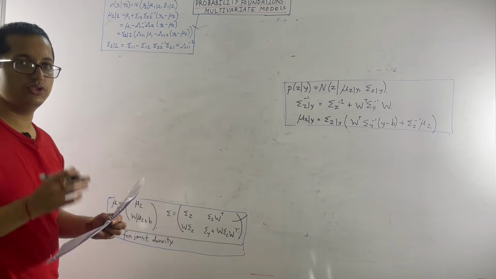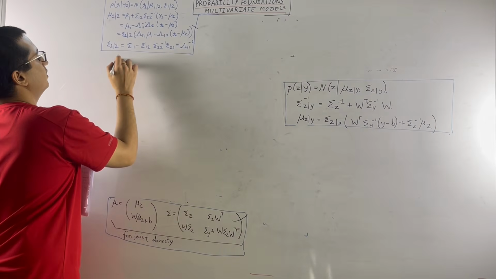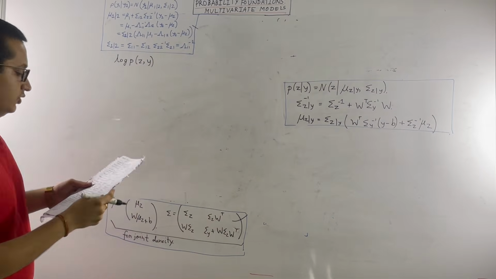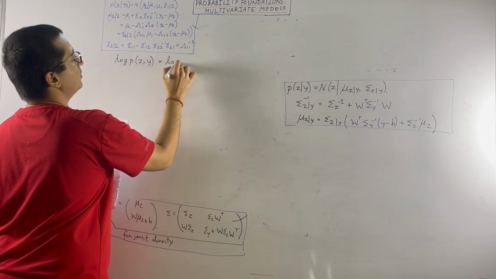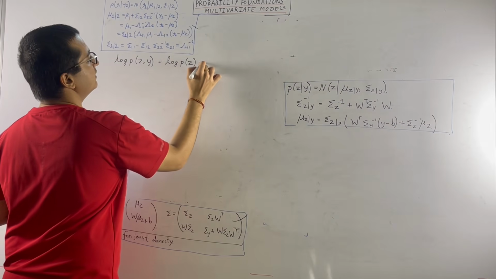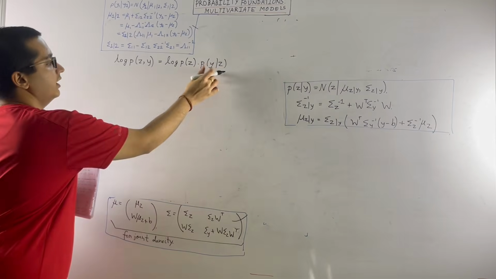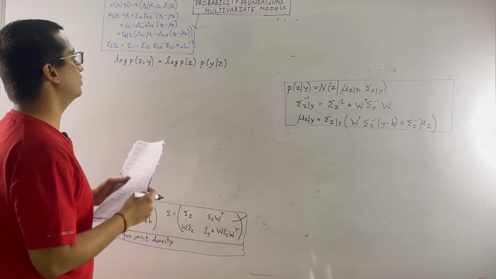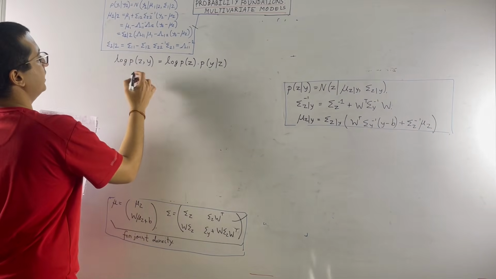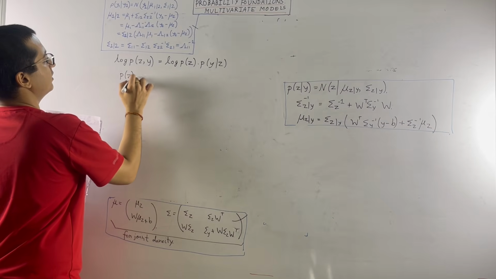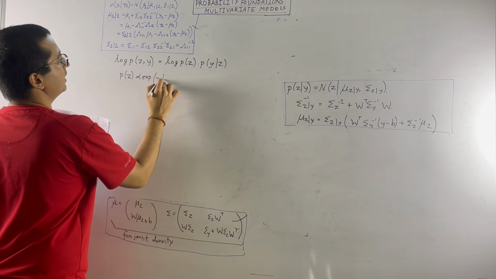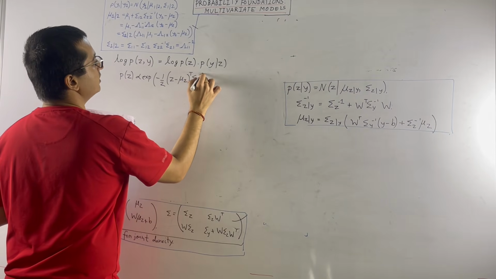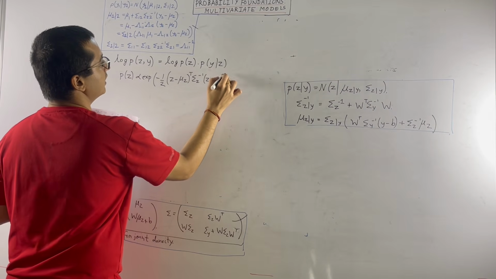First of all, I write down the joint density. Log p of z given y is basically equal to what? So I can write it as log p of z times p of y given z. Why? Because I have a form for my prior and for my likelihood as well. Both are Gaussian. So how do I write it? p of z is proportional to exp of minus half z minus mu z transpose sigma z inverse z minus mu z, right?